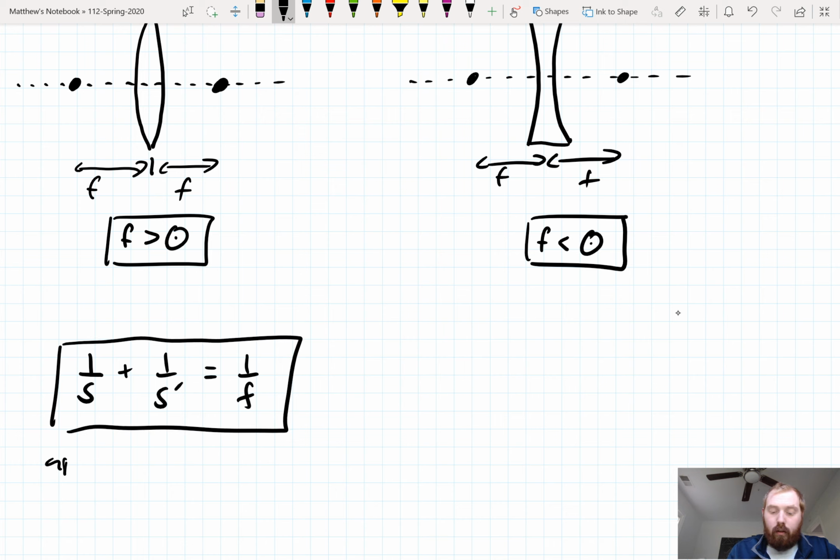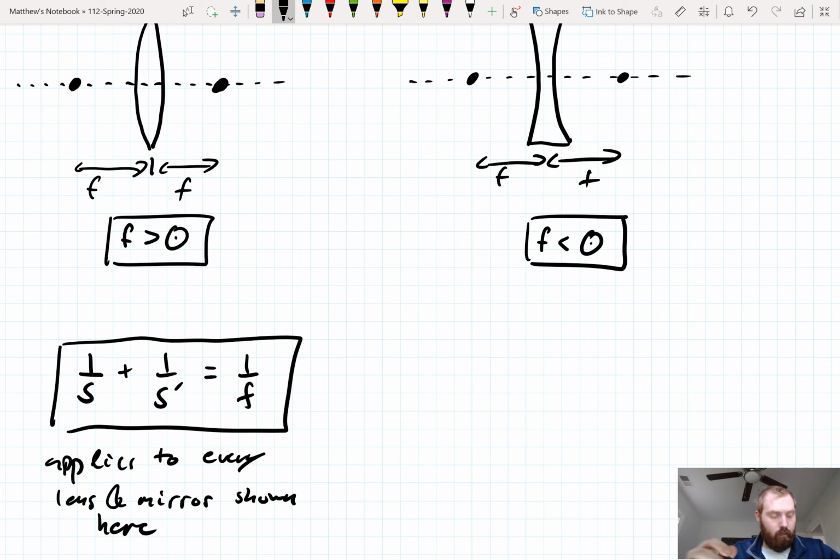All right? And this applies to every lens and mirror shown here. Every single one of these.